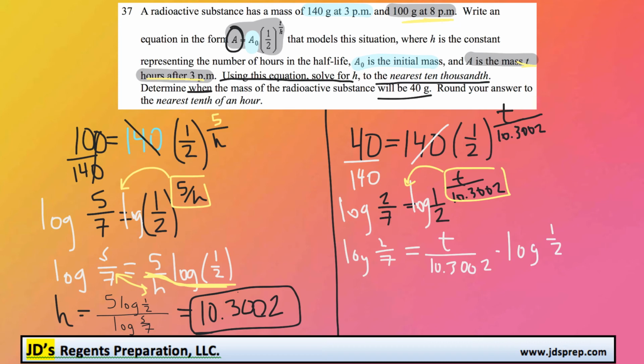Okay, so now at this point, to get T completely by itself, we're going to have to multiply log of 2/7 multiplied by 10.3002, and then divide it by log of 1/2. And by doing that, we'll get T completely isolated. So let me just zoom in here and write that out.